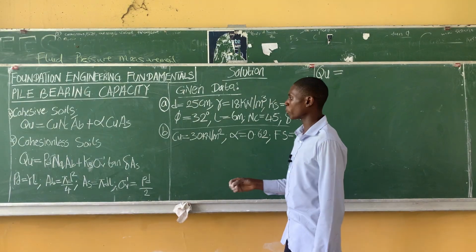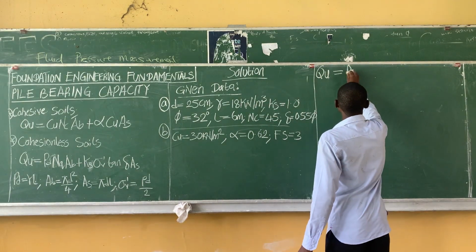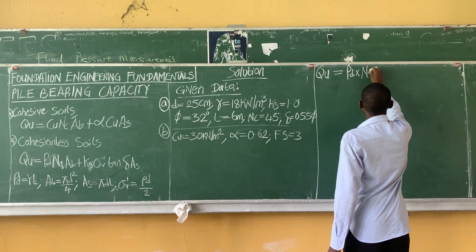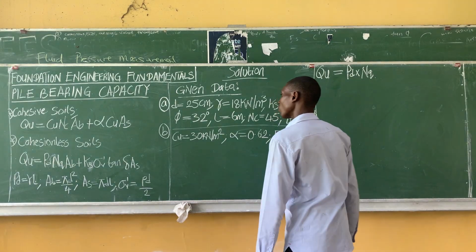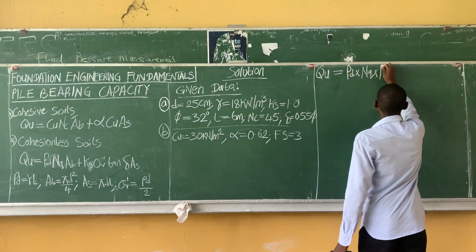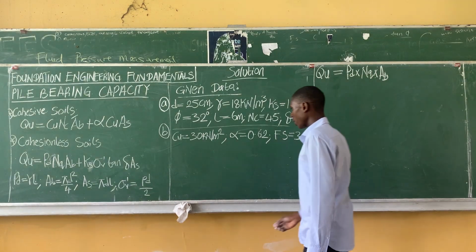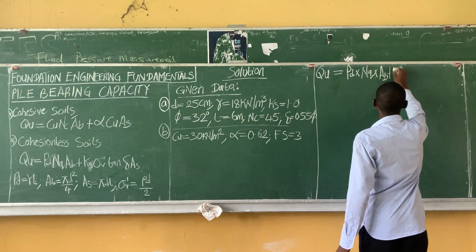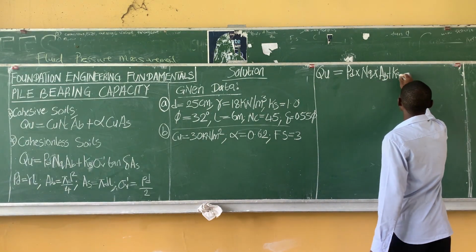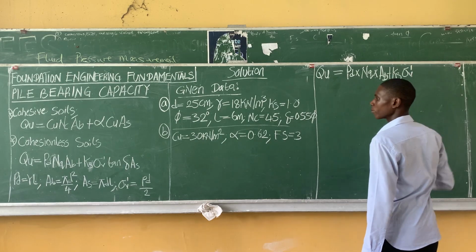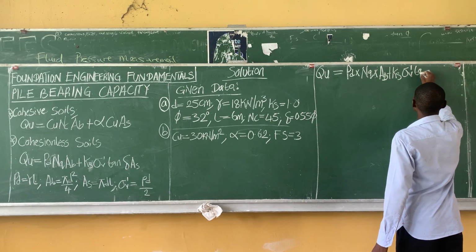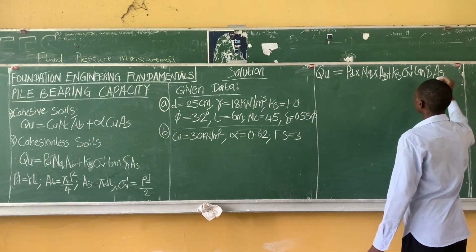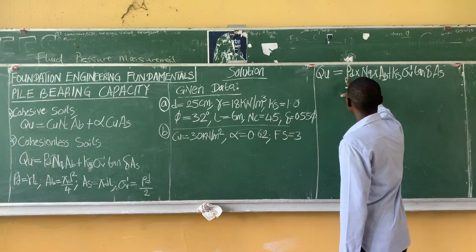So we are solving the first part of the problem: the ultimate bearing capacity Q equals P subscript D times Nq times AB, the area at base, plus Ks times sigma v prime times tan delta times As.